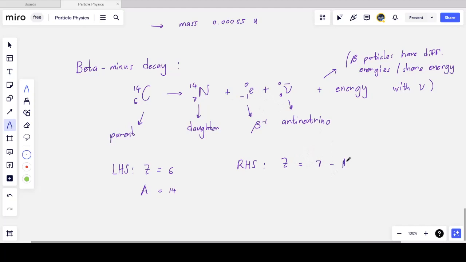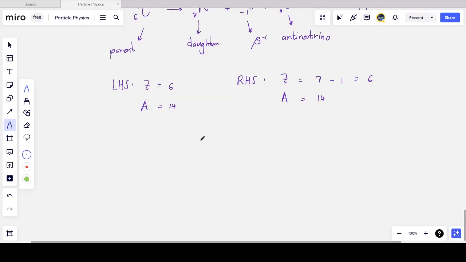This is so that charge can be conserved. And there's nothing for the neutrino, so that's equal to 6. Similarly, for the mass number, neutrinos and even antineutrinos are so small that they have no significant mass. So the mass number is simply 14. And so yes, this decay can happen energetically because we have these numbers balancing.